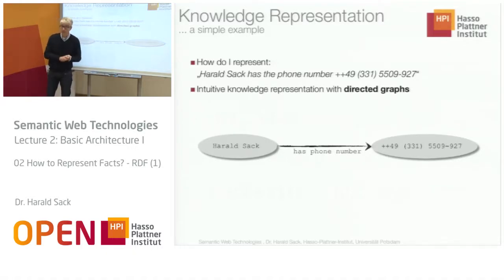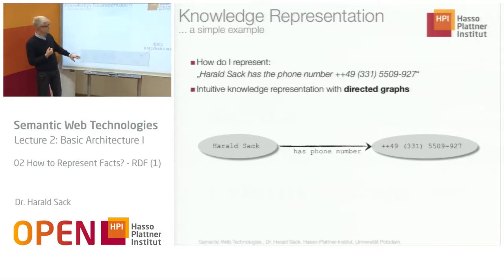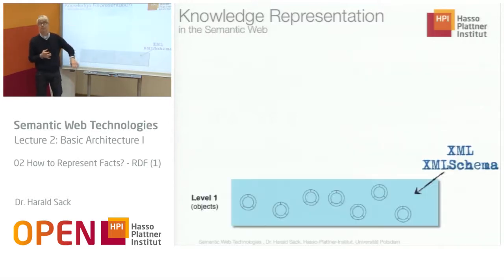So the general concept that we are talking about now is that previously with XML that is available in the web to define schemata, we can define simple objects, but they are not connected with each other, and it's difficult to decide whether they really represent the same or are different.